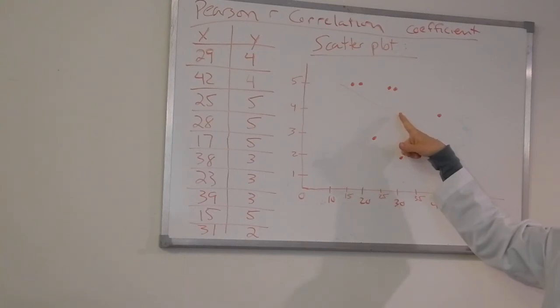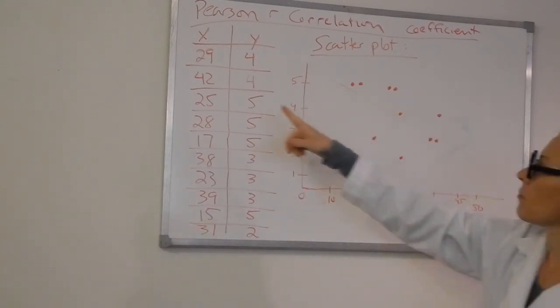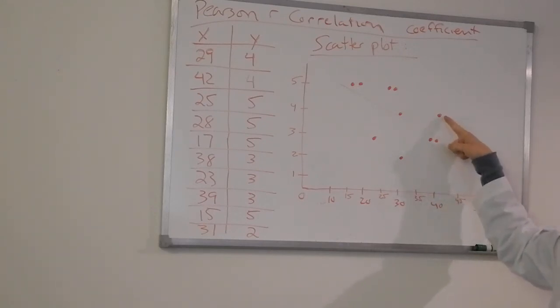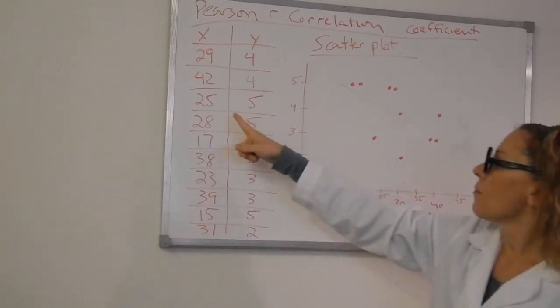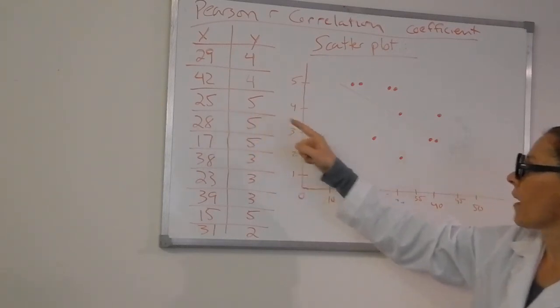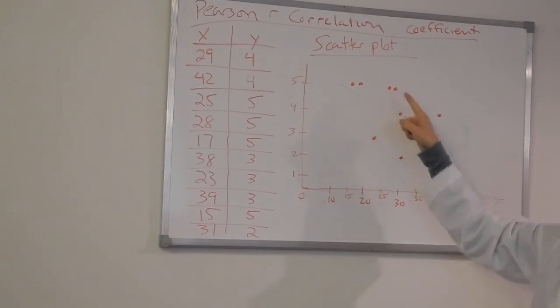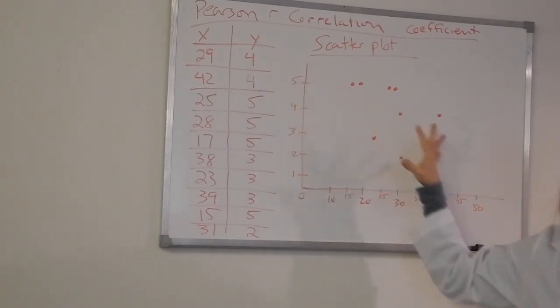So I went ahead and plotted those 2 points together. And then person 2 had a 42, about right here, and they had a score of 4. So that ended up being about right here. Person number 3 had 25 and a 5, so I found 25, and I plotted that with 5, and so on down, all the way through.